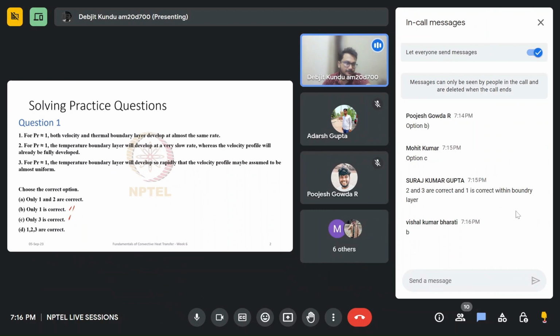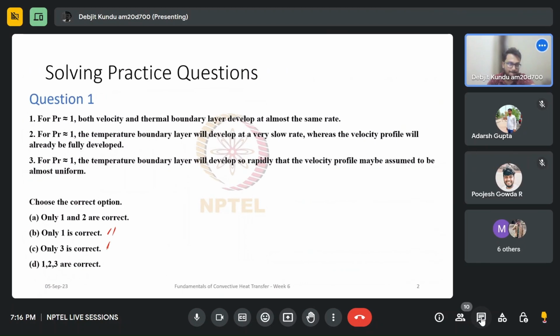Let's see what others have to say. So statement 1 says that for Prandtl number approximately 1, which means that the momentum diffusivity is almost equal, or at least of the same order as the thermal diffusivity.